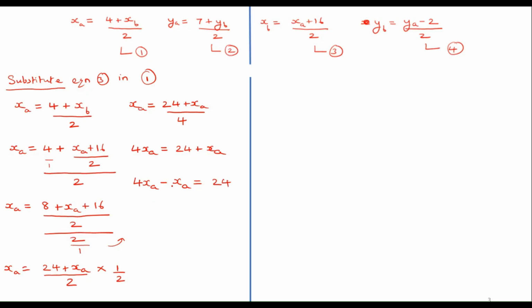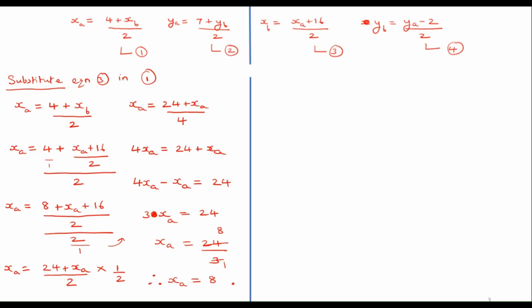Nothing is there means 1 is there, so it will become 3xa is equal to 24, xa is equal to 24 upon 3. So 3 ones are 3 and 3 eights are 24. Therefore xa is equal to 8.